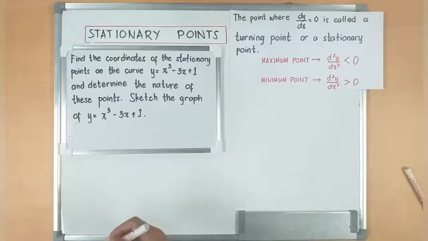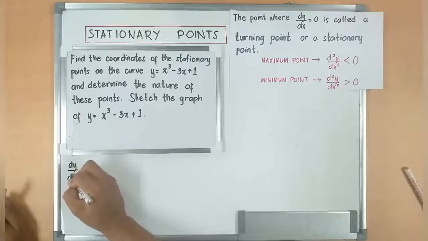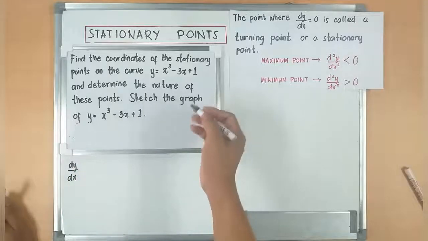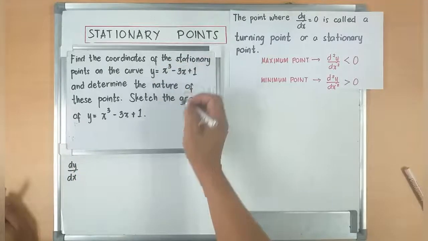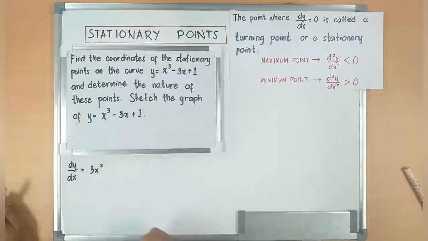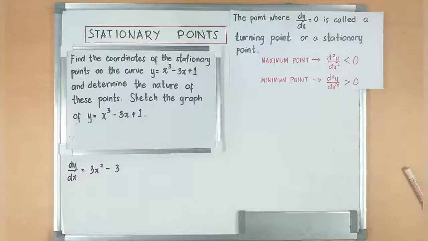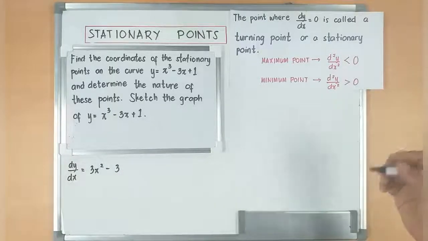So you need to find out the dy over dx. dy over dx, or the derivative of y in terms of x here, will be 3x squared minus 3.